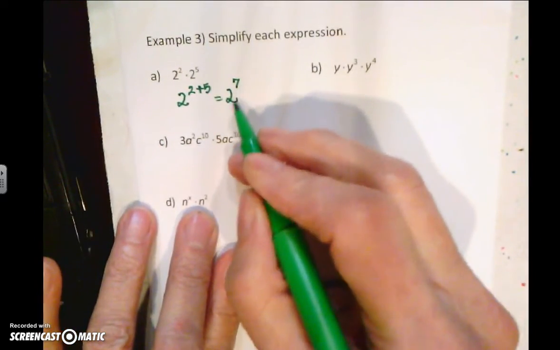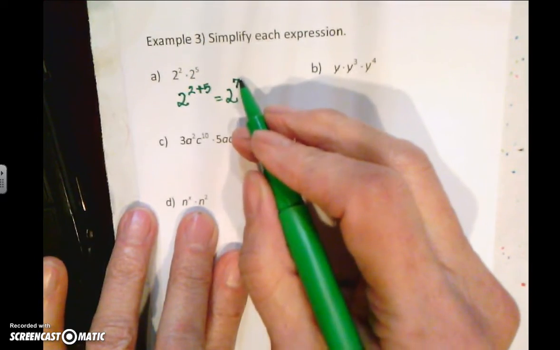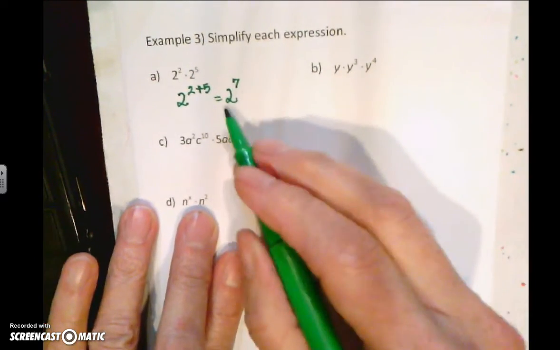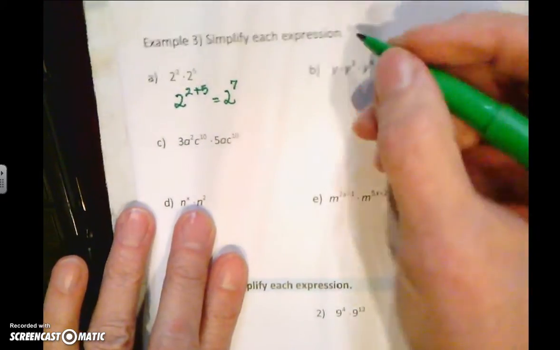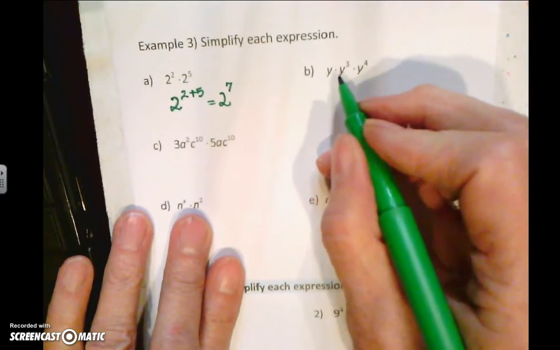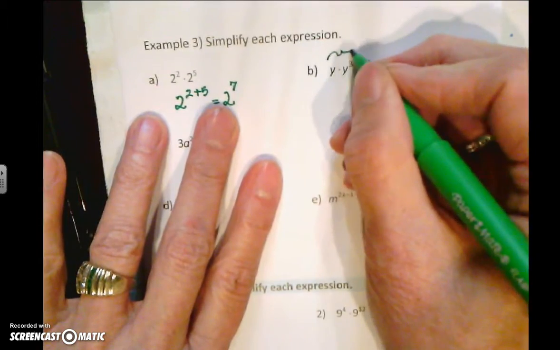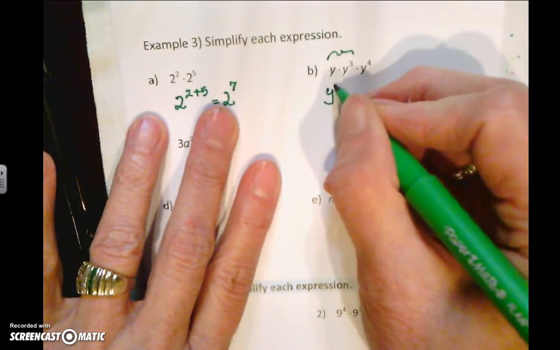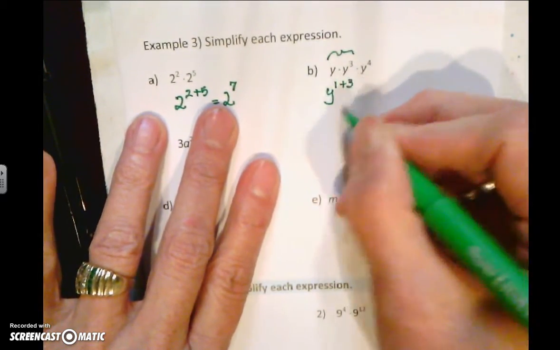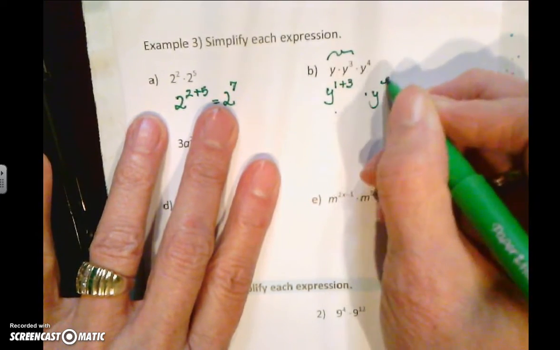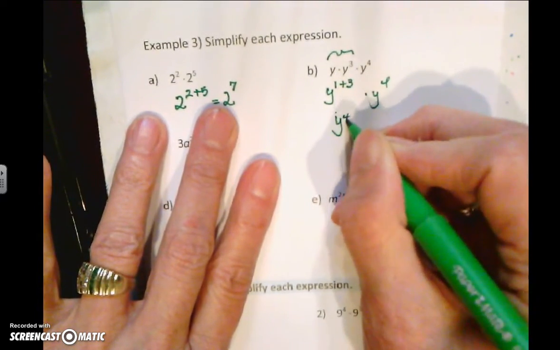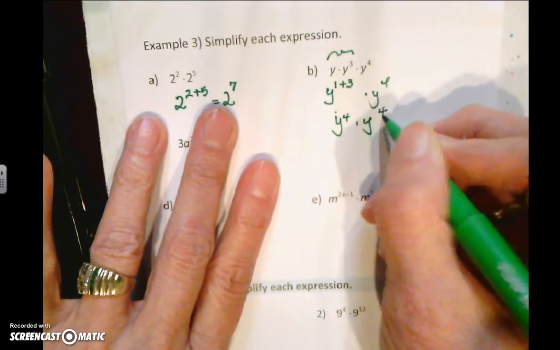A lot of times you're going to multiply this out, but 2 to the 7th is pretty big, so we'll just leave it 2 to the 7th. This next one, again, you see here I have the y's. The bases are the same. So if I were to add these two, I'd have y to the 1 plus 3, and then times y to the 4th. So that's y to the 4th times y to the 4th.